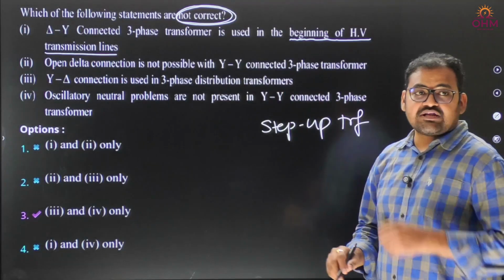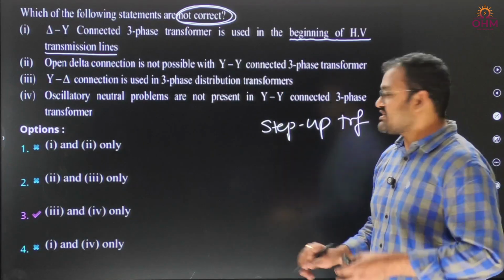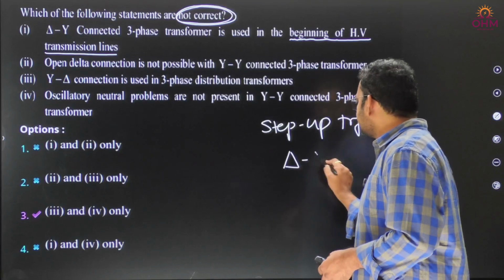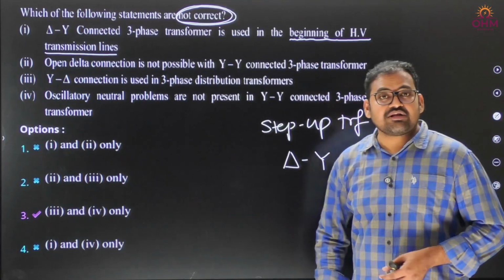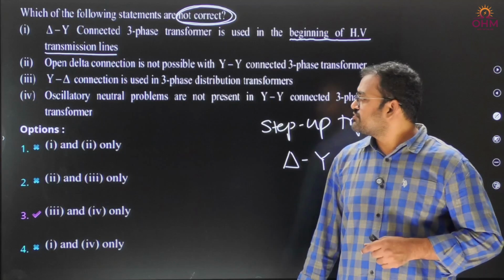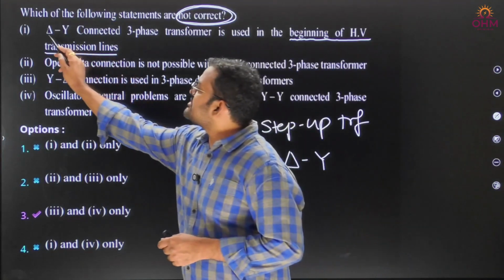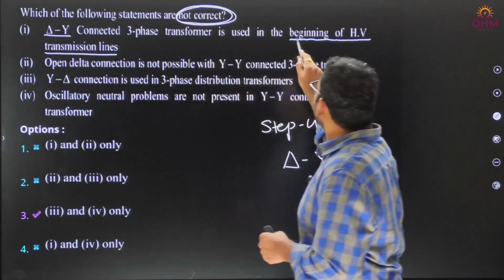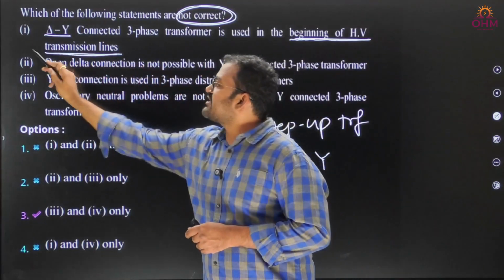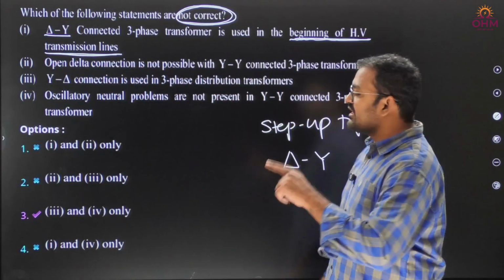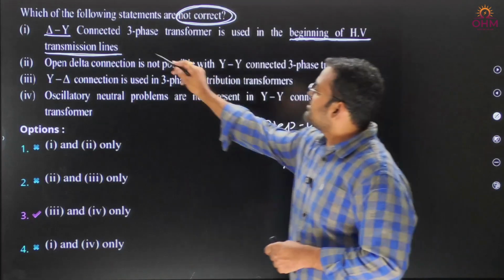What is the best transformer which can be used as a step-up connection? Delta star. If it is a step-down transformer, you must use star delta. So therefore, the first statement is correct. Delta star is used for step-up applications, which is a correct statement. Therefore, that is not my answer.